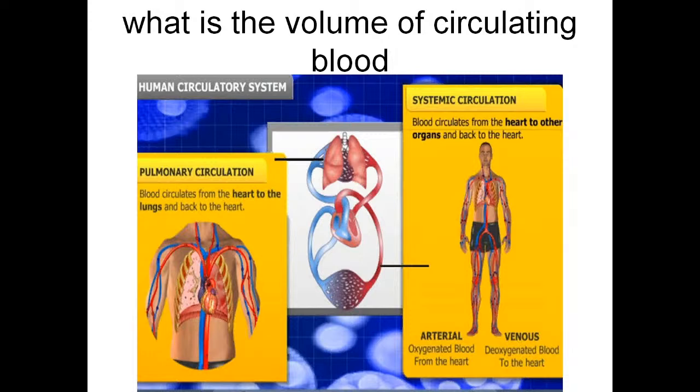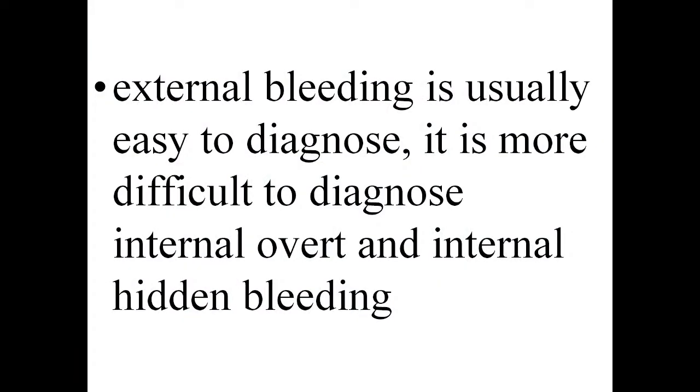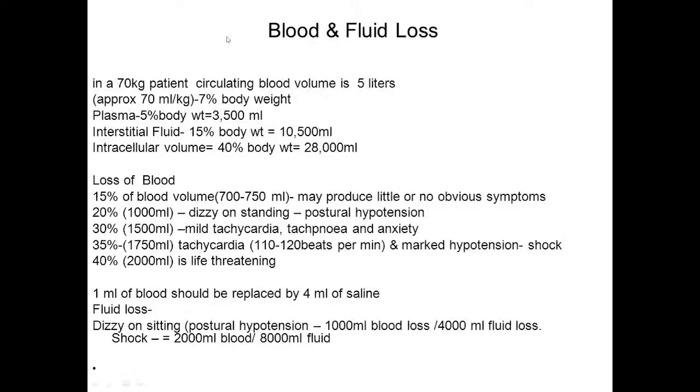A normal human has circulating blood of about... Student, now I show you this slide: in a 70 kilogram patient, circulating blood volume is 5 liters. It's 5 liters, approximately 70 milliliters per kilogram, and 7% of body weight.